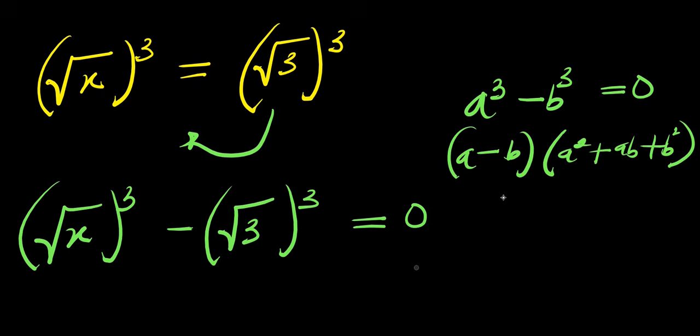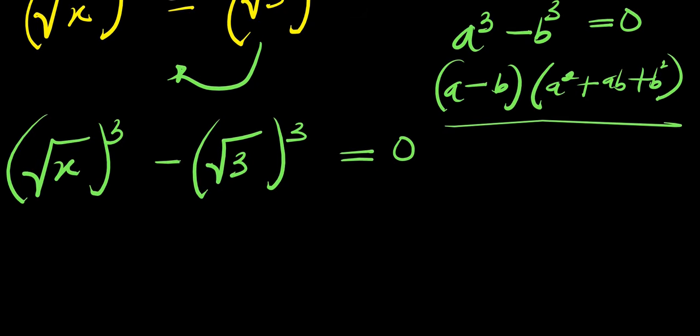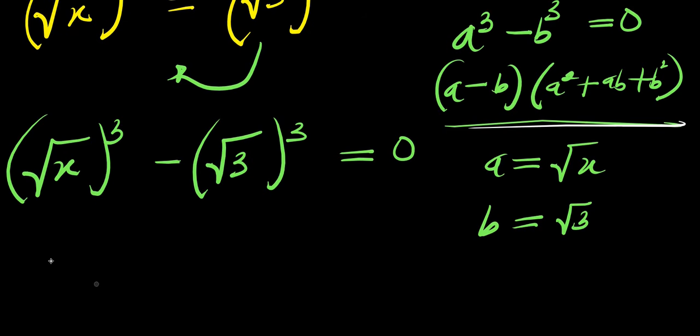So right now, we are going to make use of this to expand this cubic equation. Our a is just root x and b is root 3 based on this cubic equation. So let's apply this to expand.